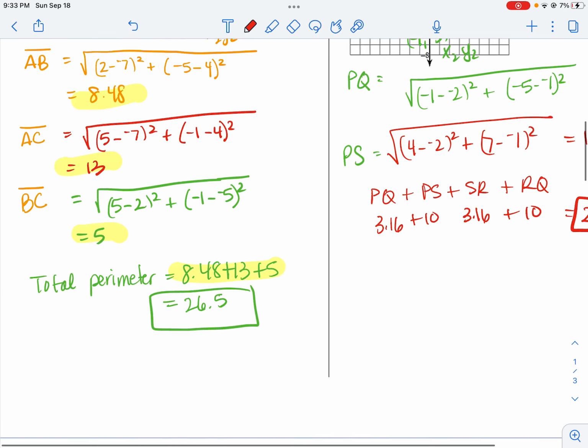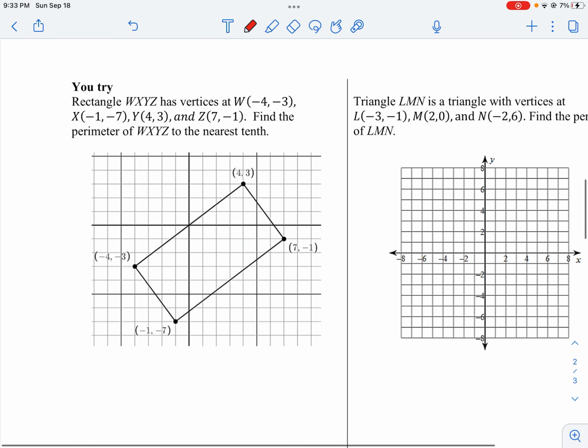All right, let's look at a couple more examples. We're given a quadrilateral, rectangle it says. Because it says the word rectangle, just remember your vocabulary. That means these are 90-degree angles. Parallelograms don't have to, but rectangle does. Not that it matters, but again, that verifies that those are congruent and that these are congruent.